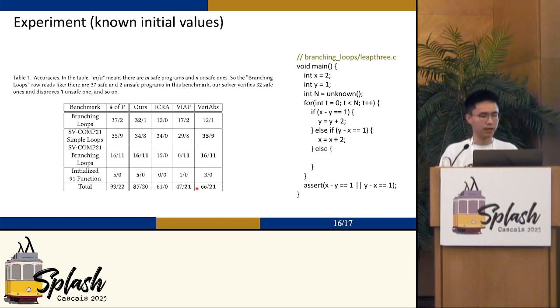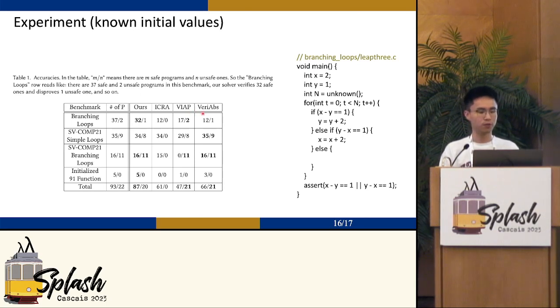Our experiment has two parts. In the first part, all the benchmark programs have known initial values, and in the second part, all the initial values are unknown. We compare with three other tools. The first two, ICRA and VIP, also perform recurrence analysis, but with different approaches.